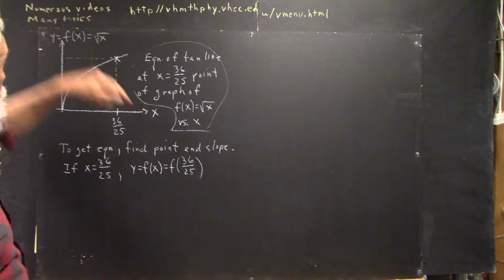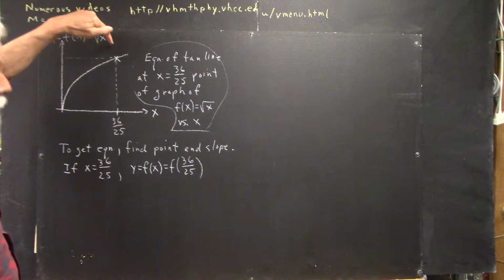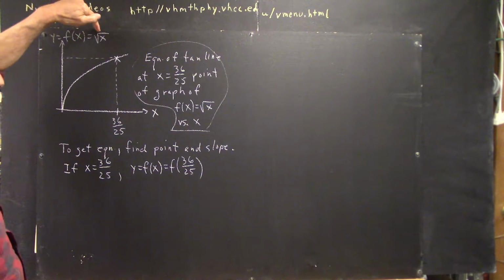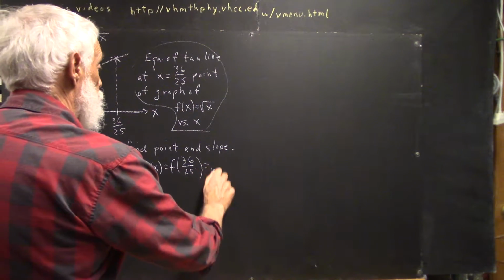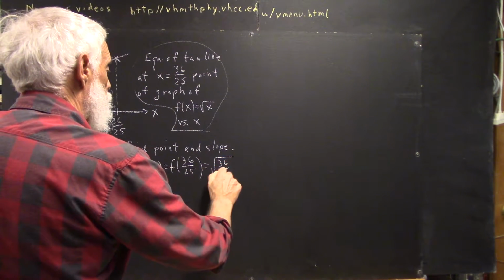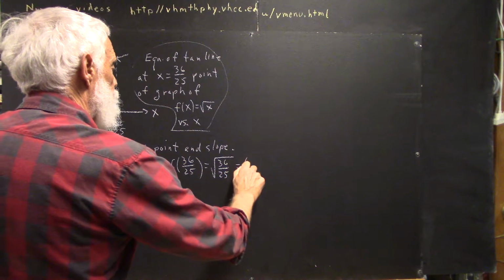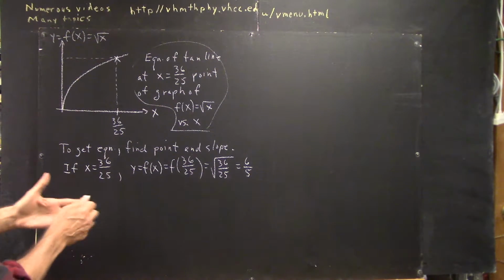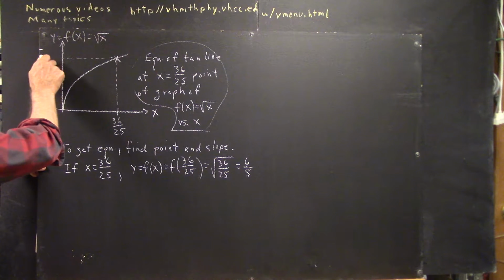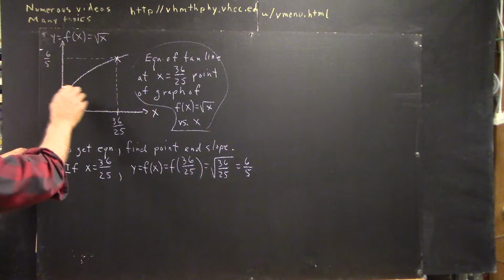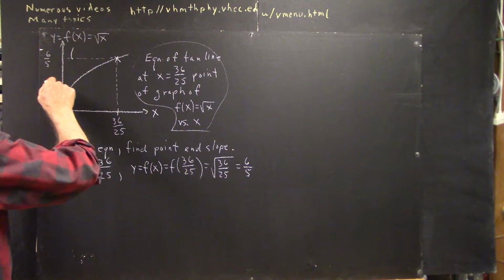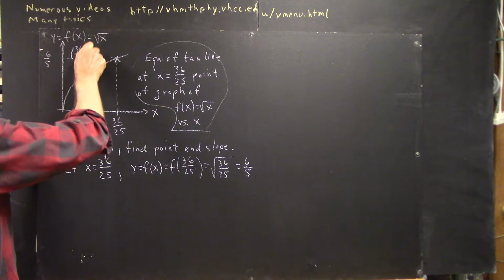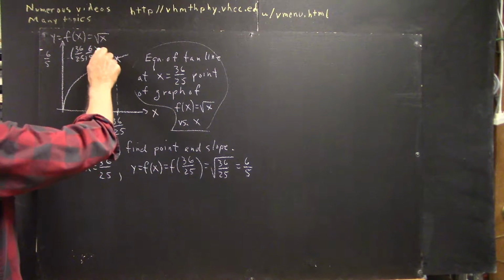And since f of x equals square root of x, f of 36 over 25 is the square root of 36 over 25. And that equals 6/5. Okay? So now we know that this point has y-coordinate 6/5, and we could write the coordinates of the point. The point has coordinates 36 over 25, 6/5.